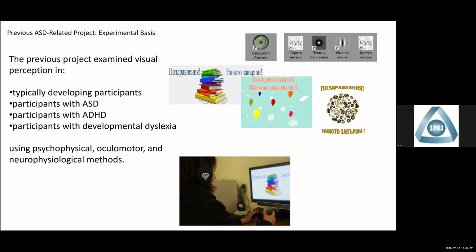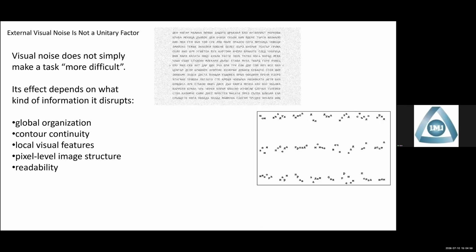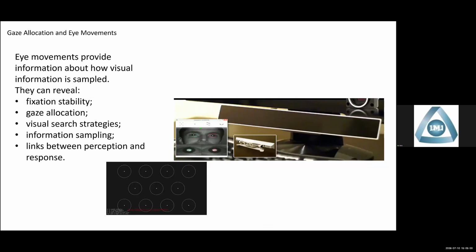Because quite often it turns out that many tests, including the Wechsler intelligence scale, are not very suitable for studying such people. So about our experiments, we recorded eye movements, as I told you: left eye, right eye, both eyes, and gaze.